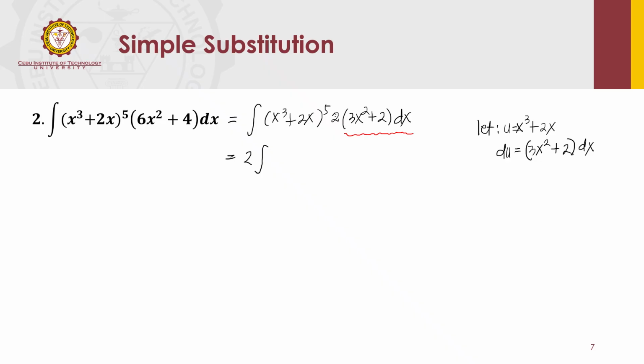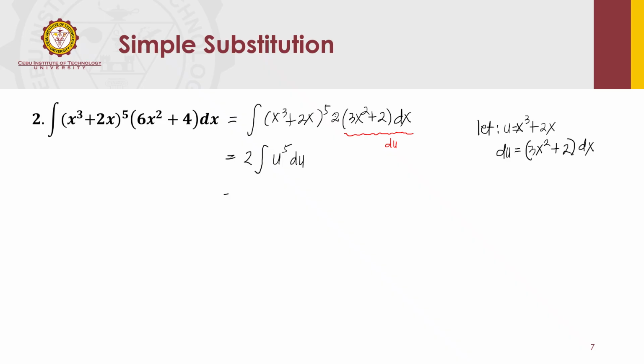So we write u instead of x cubed plus 2x, raised to the power of 5, and then the 3x squared plus 2 times dx forms our du. So it's u to the power of 5 du.